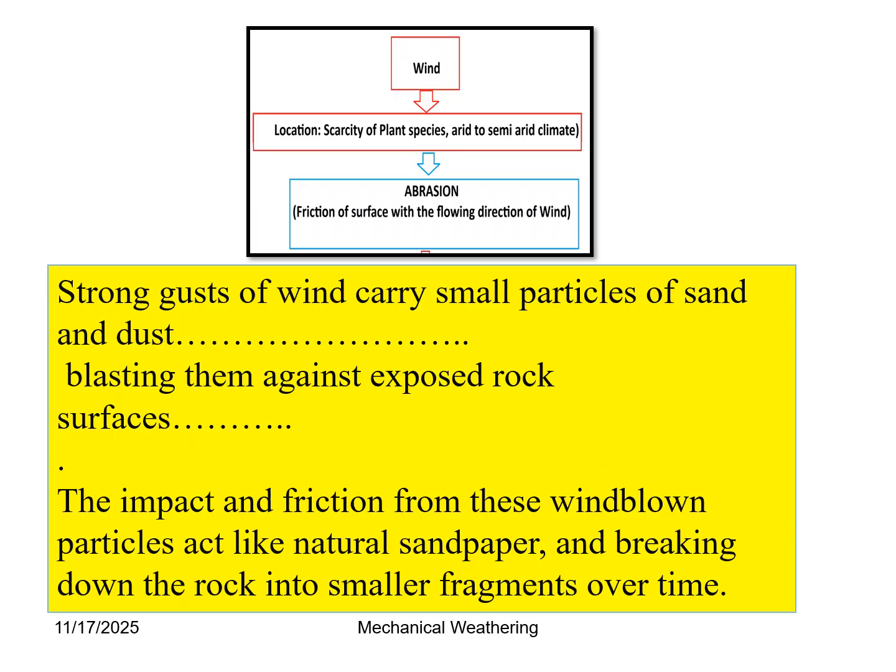There is friction, and it acts like a natural sandpaper, and there is breaking down of the sand into smaller sand particles, or the dust into very small dust particles. This is the way most deserts are full of very tiny sand particles, due to the mechanical weathering by the wind.